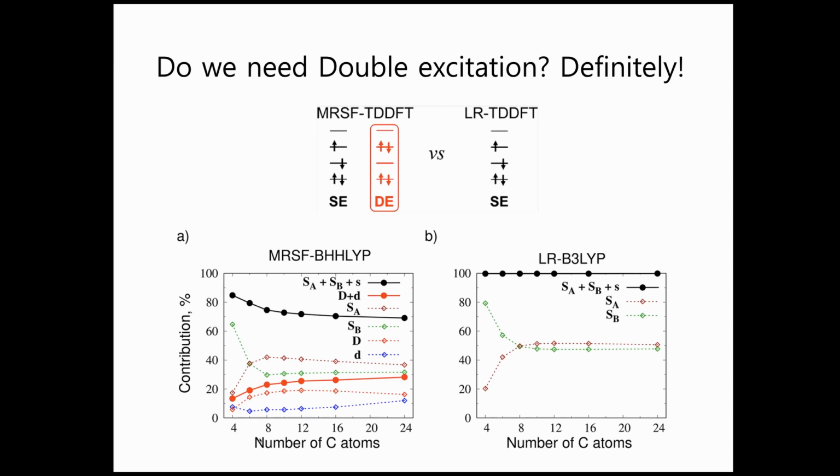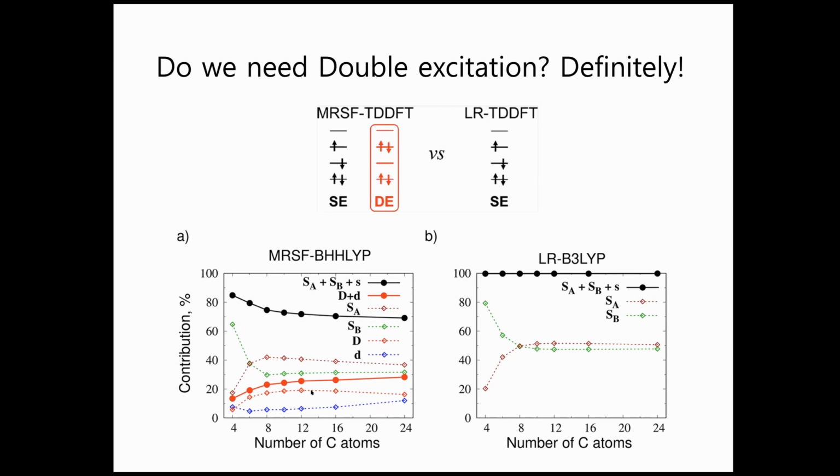This is a linear chain of the polyene, with different sizes. The black one is the contribution of singles, and the red is the contribution of doubles. So you see that if you increase the size of the molecule, the contribution of the doubles increases up to 30%.